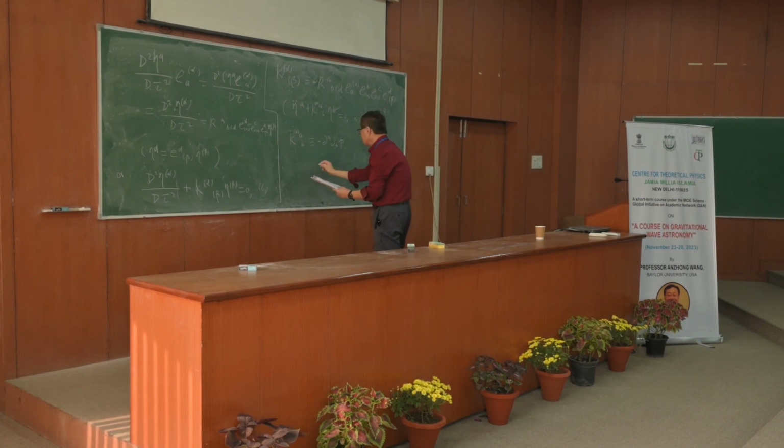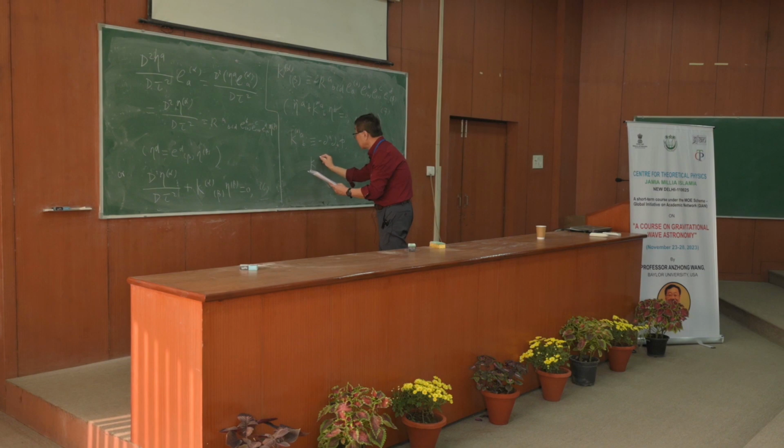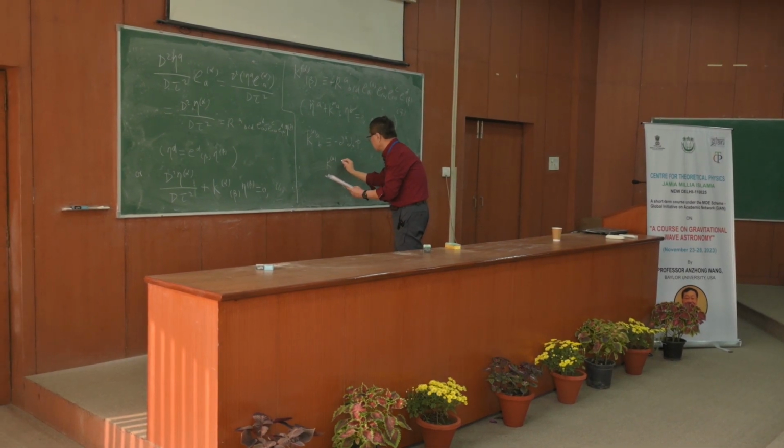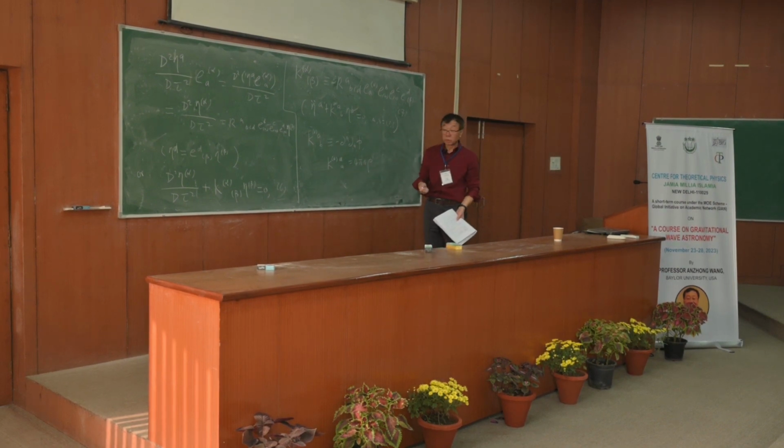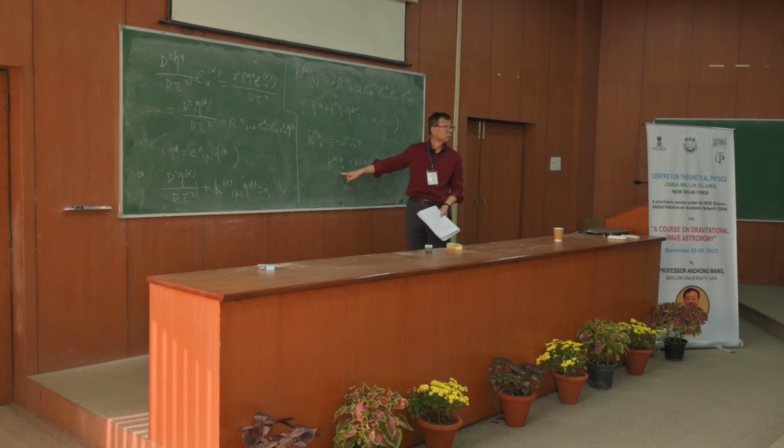In the vacuum case, the Newtonian gravity is governed by del squared phi equals 4 pi G rho, right? So if rho equals 0, the vacuum case, this equals 0, right?